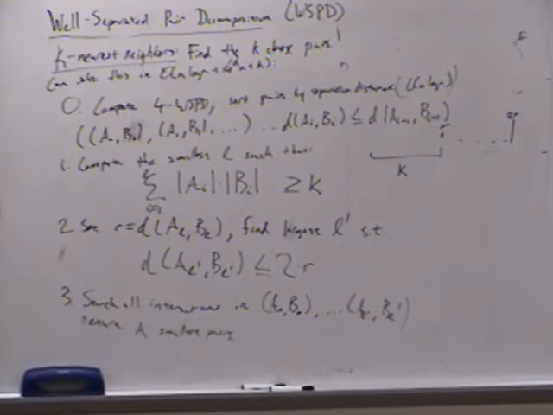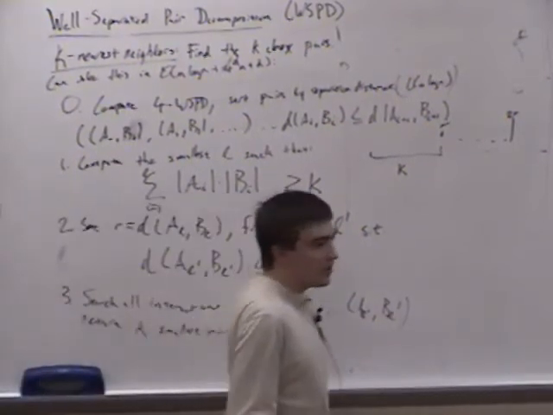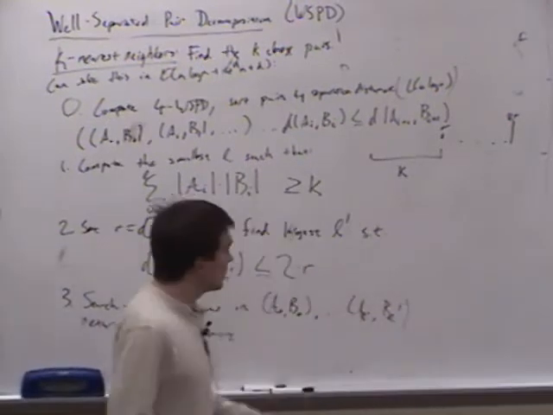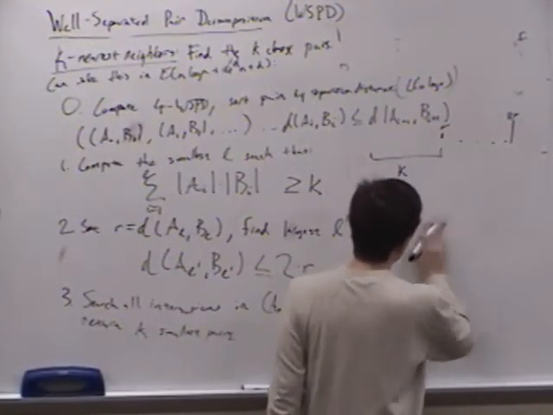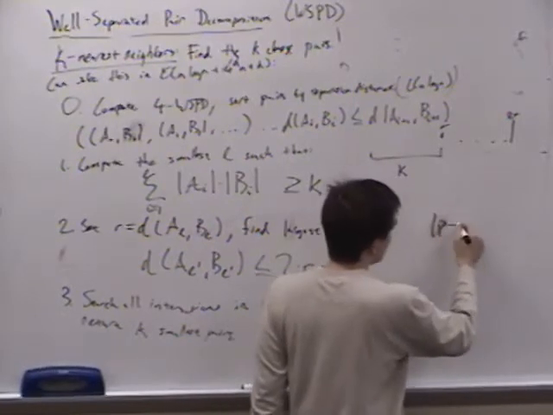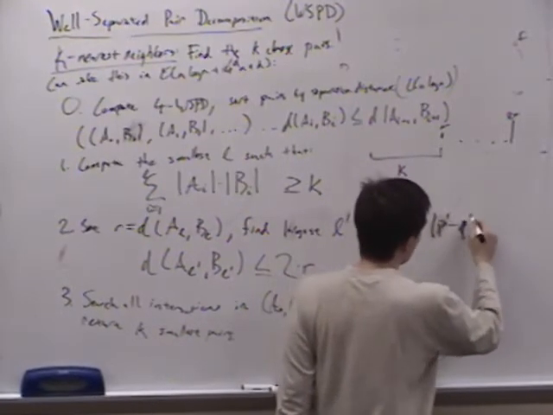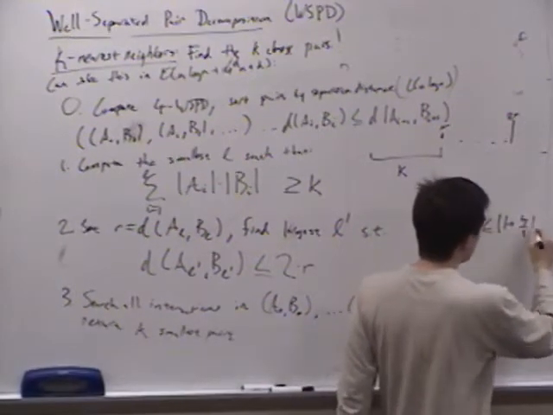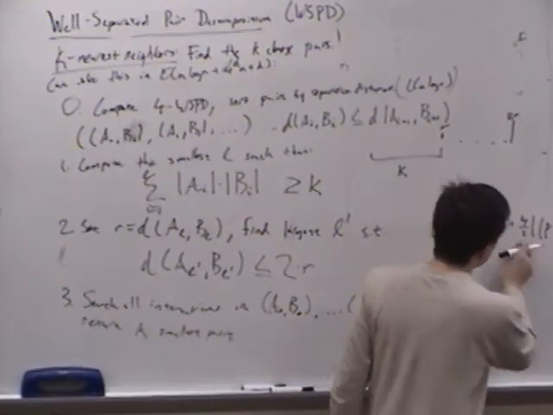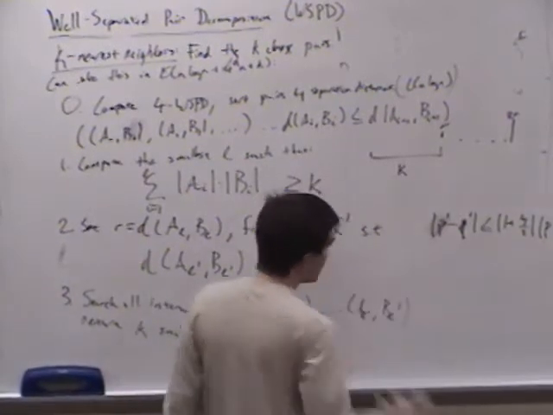Why is 4 arbitrarily chosen? The reason is that if you remember that inequality, we want to get it to 2. Remember this theorem, P prime minus Q prime is less than or equal to 1 plus 4 over S. We pick S equal 4. That's also where this 2 comes from.